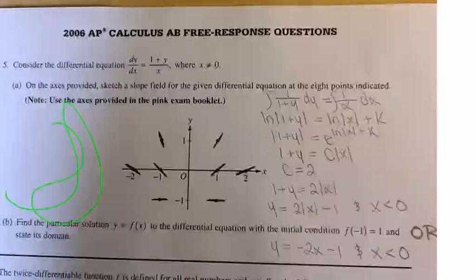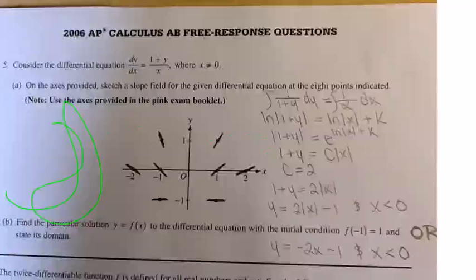So, as you can see, you separate the variables, making sure that the x's are all on one side and the y's are on the other side. So you have 1 over (1 plus y) dy, which equals 1 over x dx.